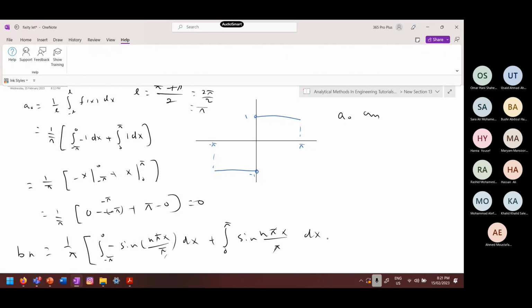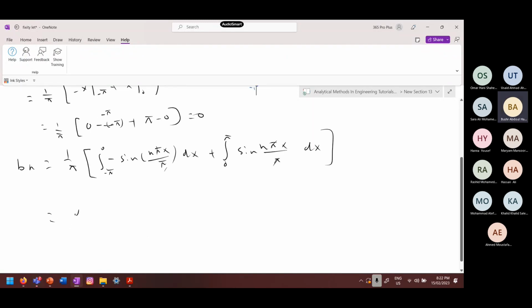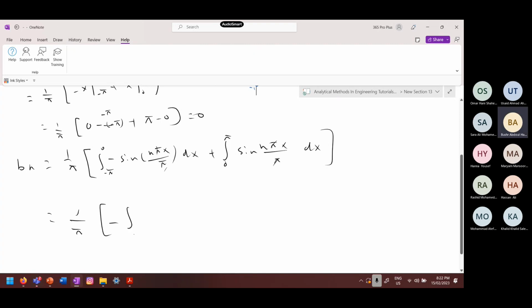Simplify it. You will get 1 over pi, negative outside, the integral from negative pi to 0 of sine nx dx plus the integral from 0 to pi of sine nx dx.